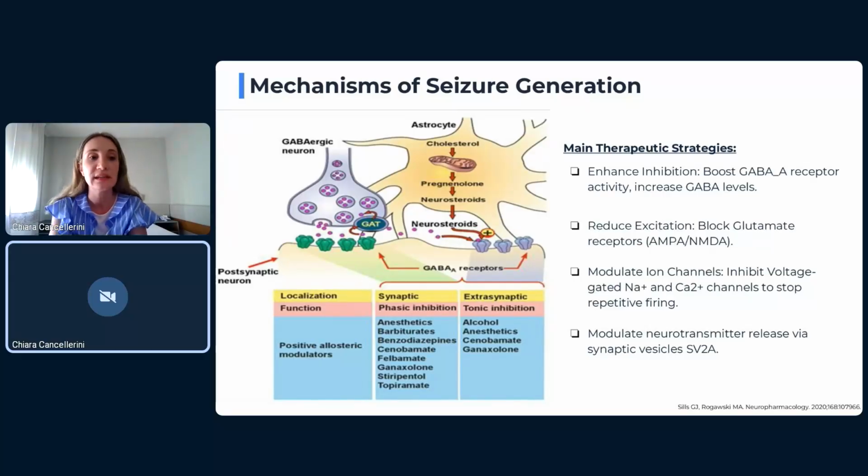Because the underlying pathophysiological mechanisms are different, we require distinct pharmacological targets. We can either enhance GABAergic inhibition, attenuate glutamatergic excitation, or modulate voltage-gated ion channels.